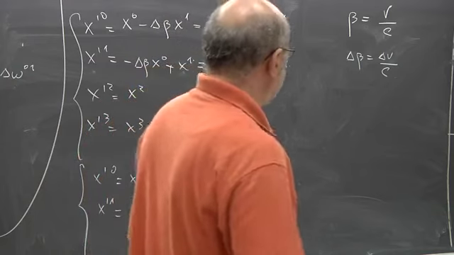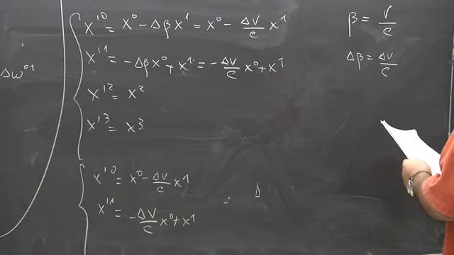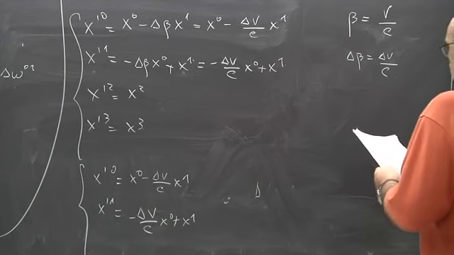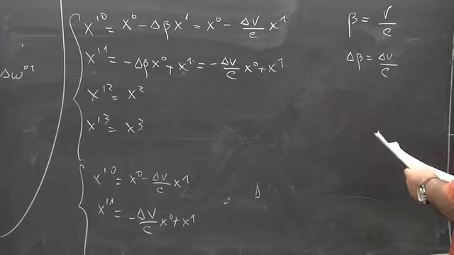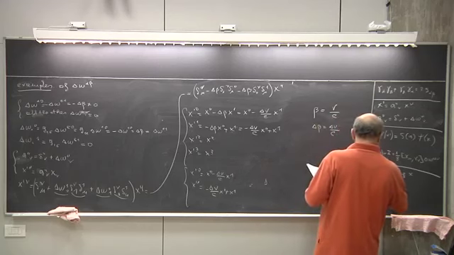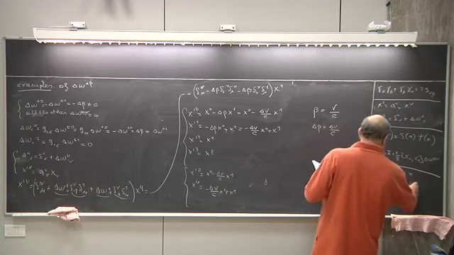Now another example. So here we can say, well, boost along x. We have delta omega 1 0 equal to minus delta omega 0 1 equal to minus delta beta.